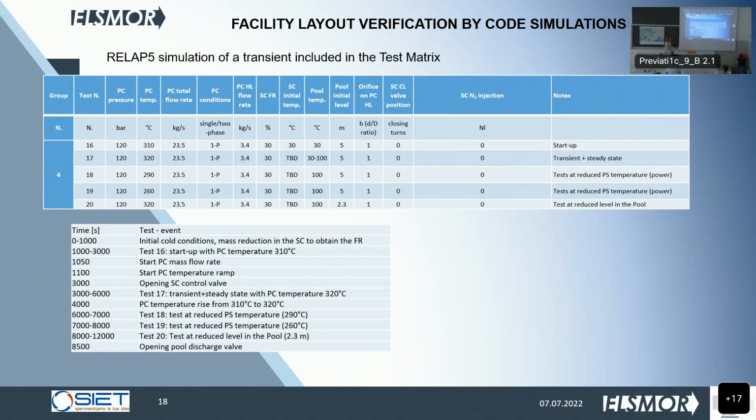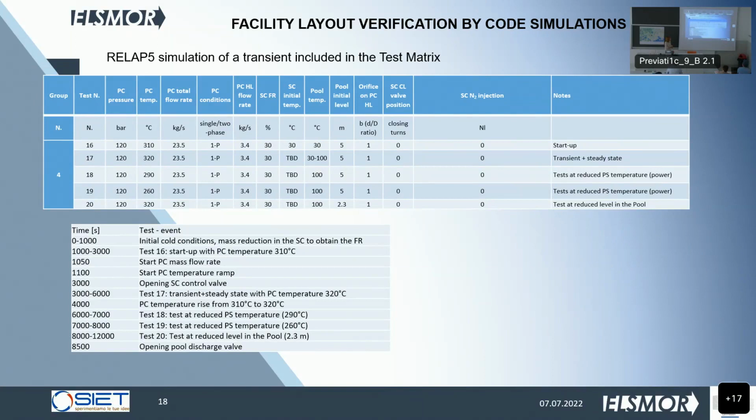And we also have valves that can be closed or kept fully open to change the pressure drops. So part of the tests will also focus on this aspect.